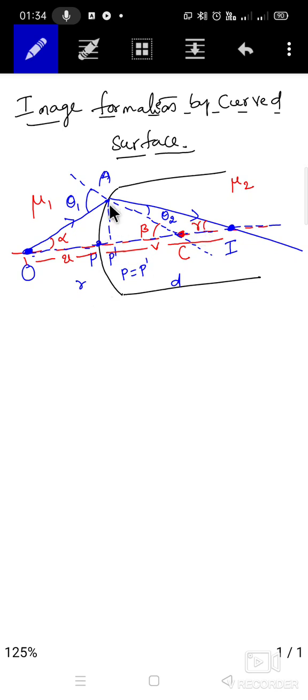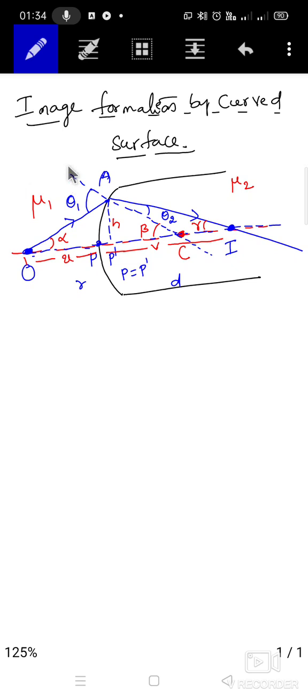Let us assume the height AP dash is h for convenience. This is the diagram when the object is placed in a rarer medium and the image is formed in a denser medium. I is the image, O is the object.